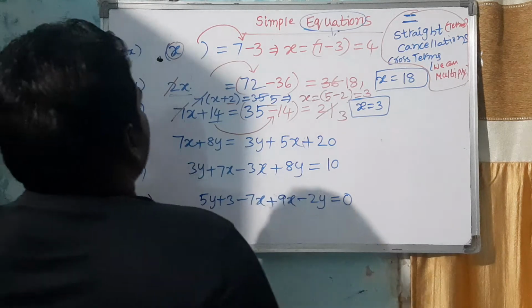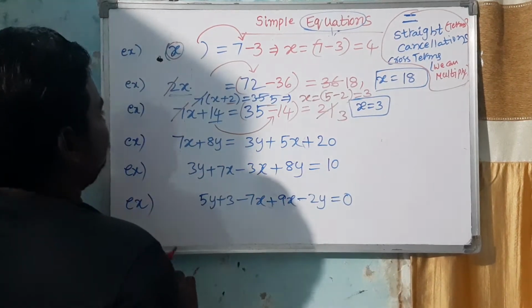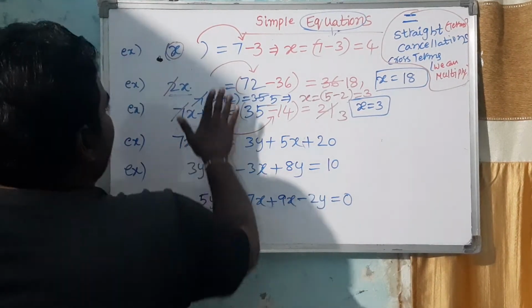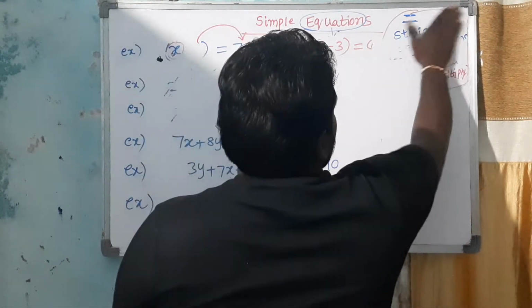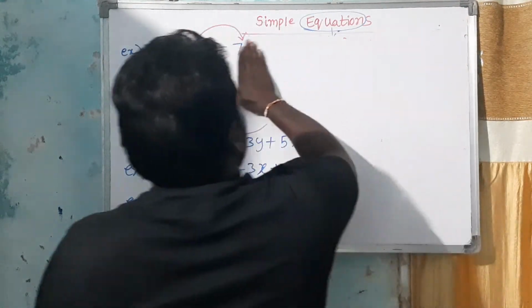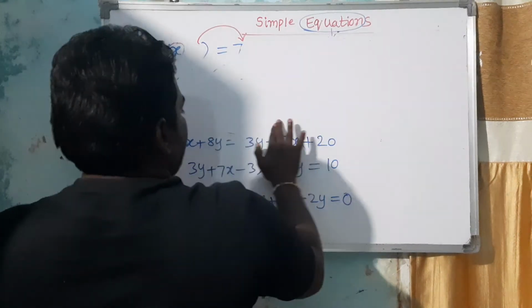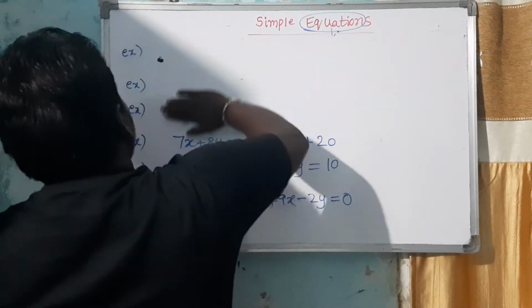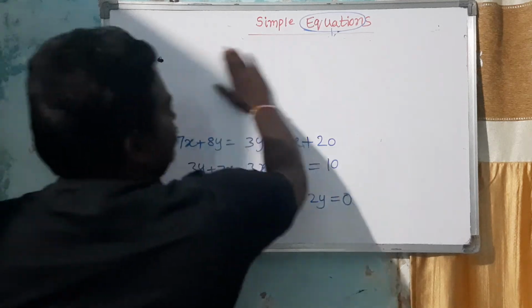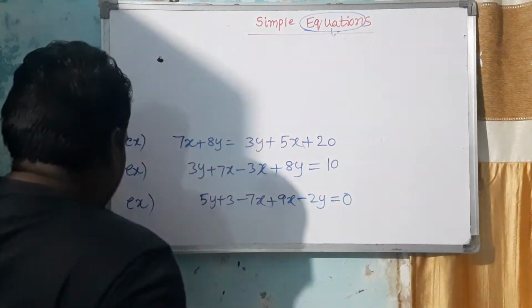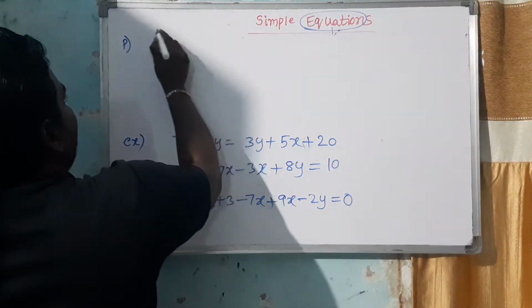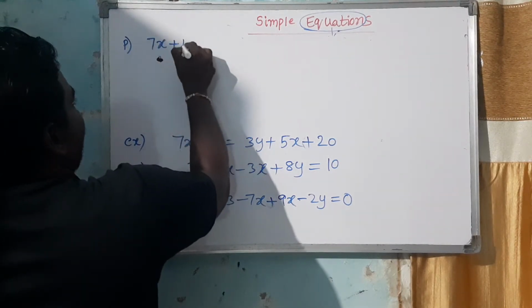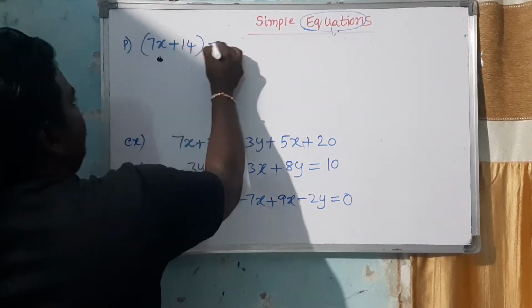Yes, here also, let me take this question first. We can solve it in two different methods. Let me take this problem: 7x plus 14 equal to 35.